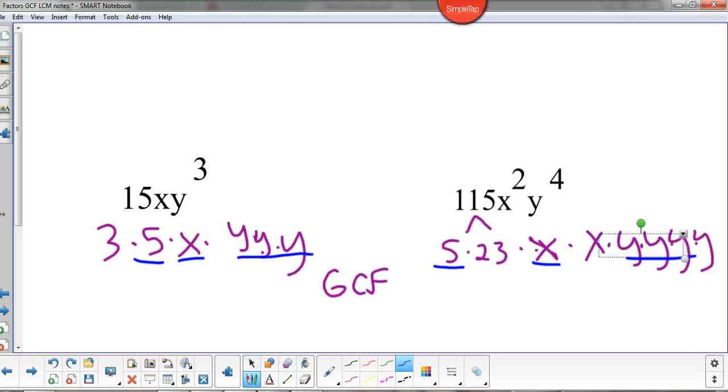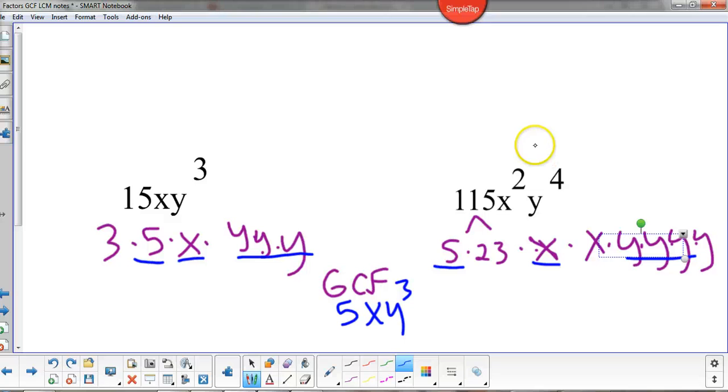All right, so I did the factorizations, and you can see in the blue underline, the common factors: they both have a 5, both have an x, they both have y, y, y. So the greatest common factor would be 5 times x times y to the third, or 5xy to the third. So that would be the GCF. The LCM would be multiply one number times anything that's not used, or the leftovers.